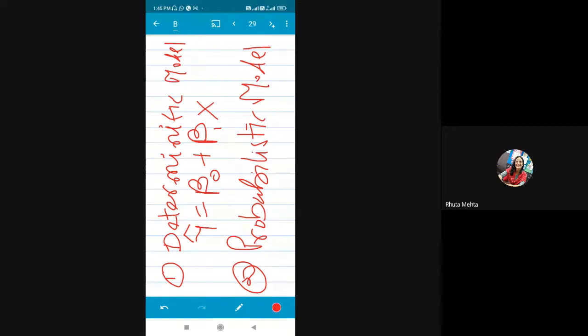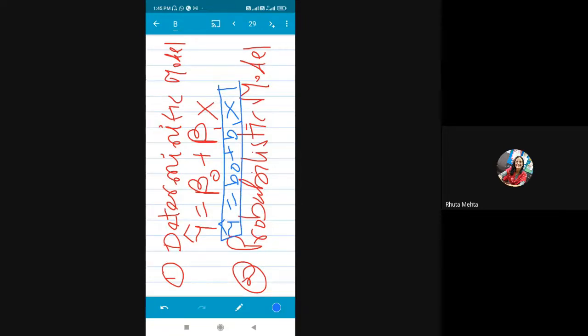But wherever we are saying beta 0 and beta 1, this is for the population. Where we are using this for samples, I'm writing in blue: y hat equals b0 plus b1 x. This is the formula which we are going to use.